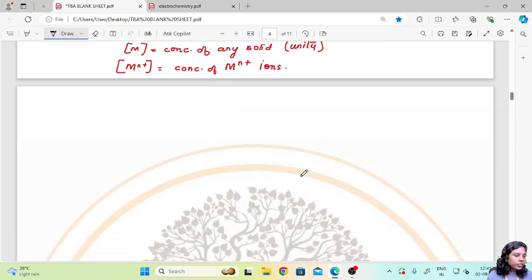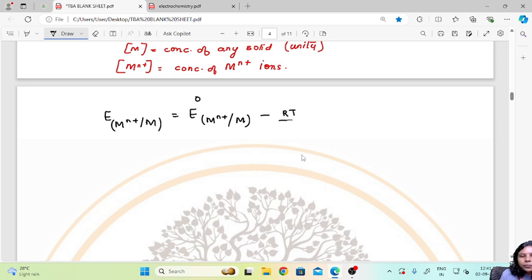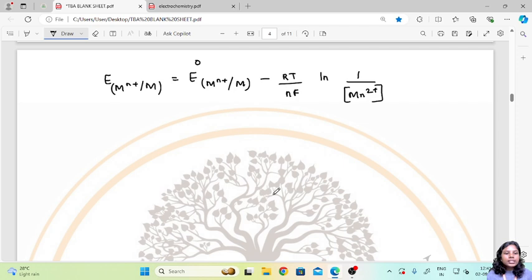Considering all of that, we can write the above equation as E Mn+/M equals E° Mn+/M minus RT/nF ln of, for solids we said it is 1, so we can directly substitute 1 upon Mn+.